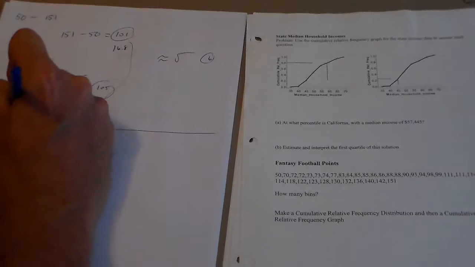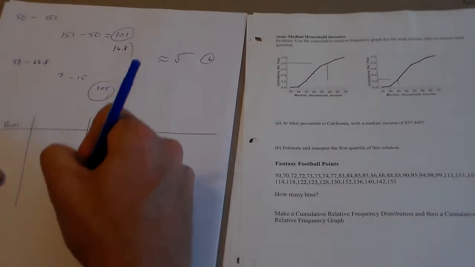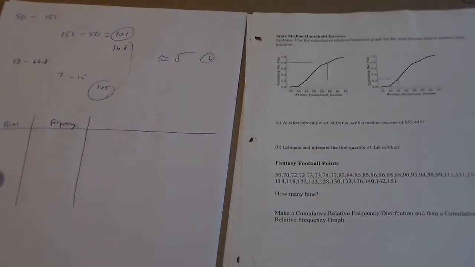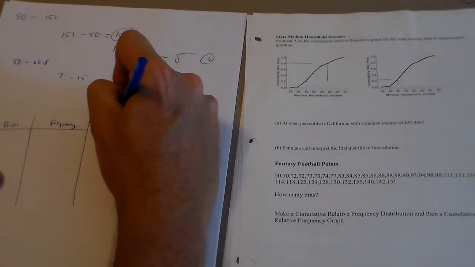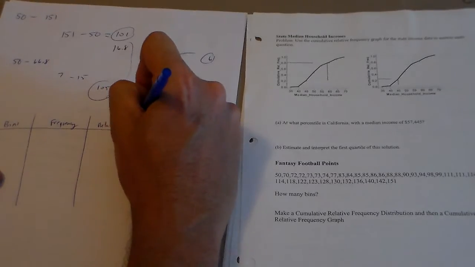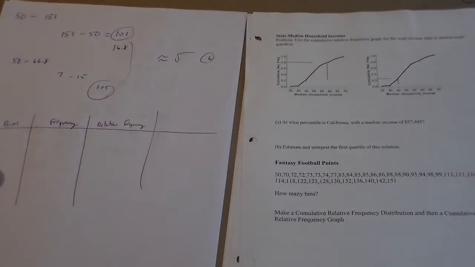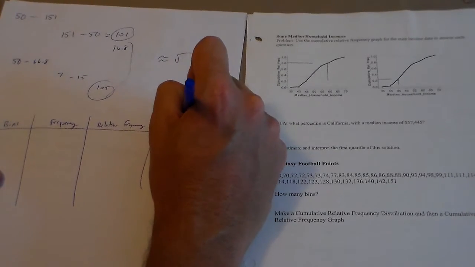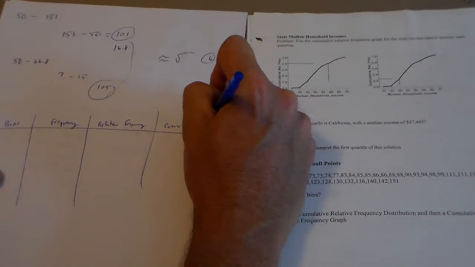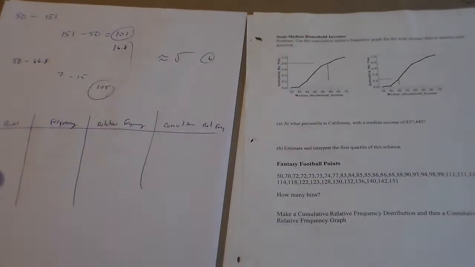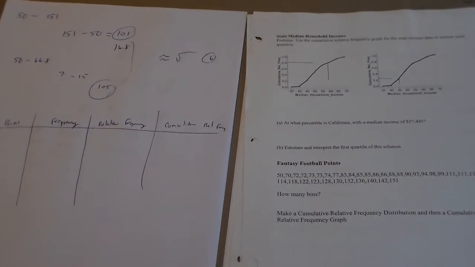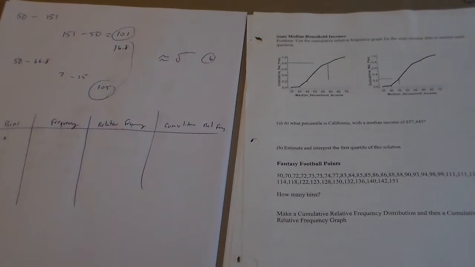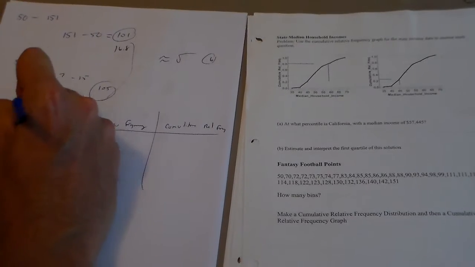This is where you put your bins, and this is where you're going to put your frequency, and then this is where you're going to put your relative frequency, and then at the end, this is where your cumulative relative frequency goes. To get you started, we're going to make this greater than or equal to 50, but less than 65.